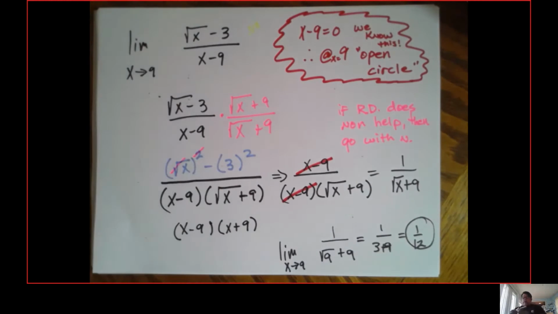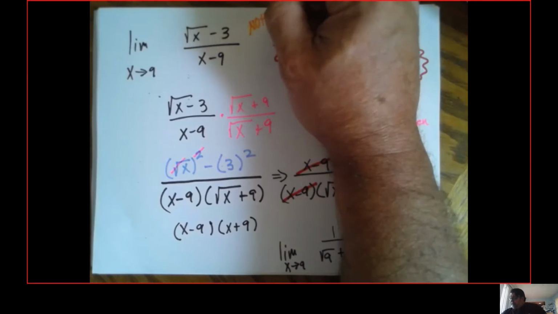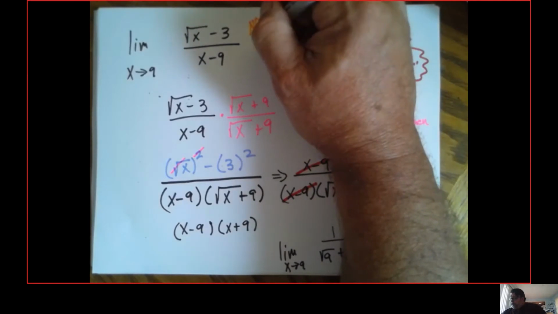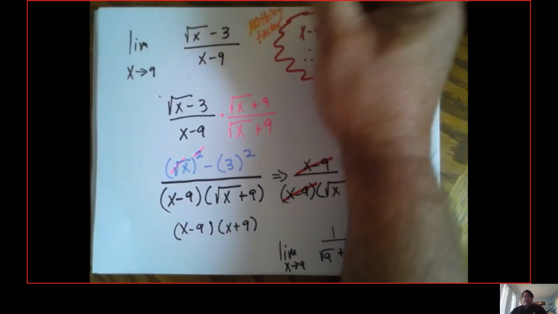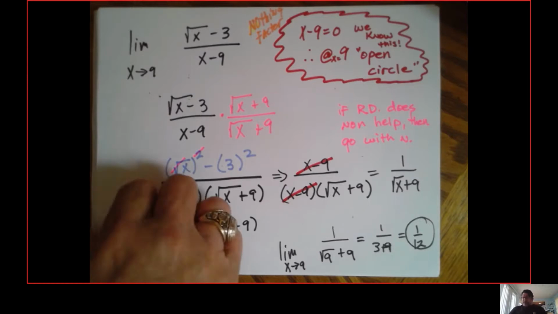I guess I'll use a peach. There's nothing to factor. There's no squares. There's no cubes. So usually when you see a radical, that's a good indicator that you're going to rationalize something. So that's that type of problem.